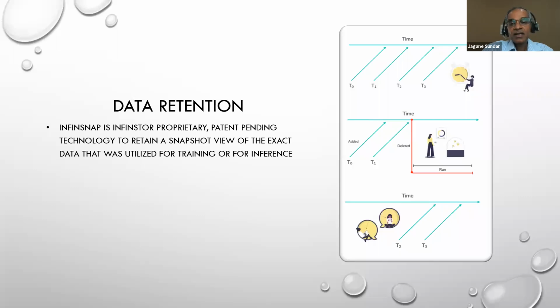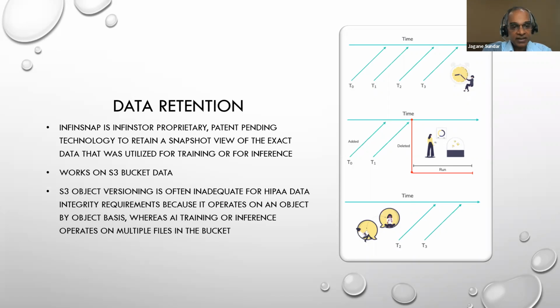What this means is that that data is immutable. Even if somebody were to come along to the S3 bucket and delete that data, whatever data was available at the time of inference is perpetually available. It satisfies the need of HIPAA data retention policy perfectly.